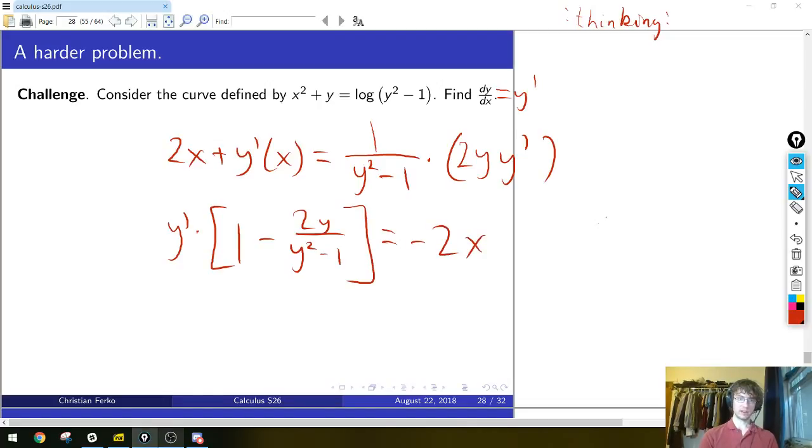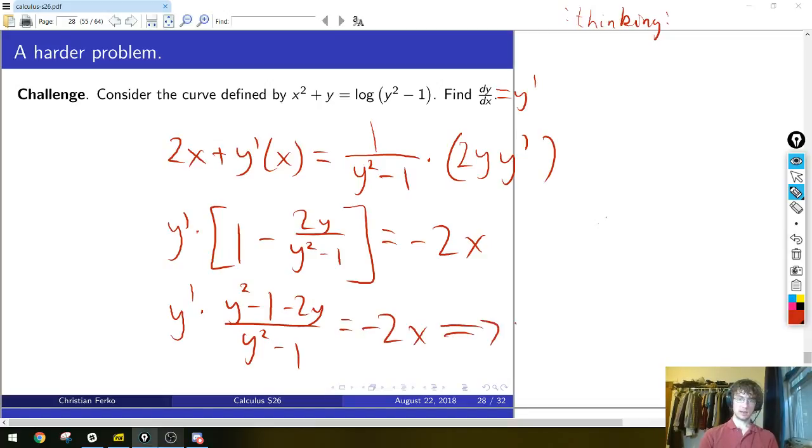We can get a common denominator and combine this fraction, so 1 is the same as y squared minus 1 over y squared minus 1.